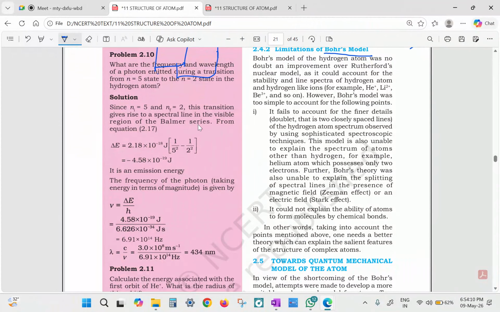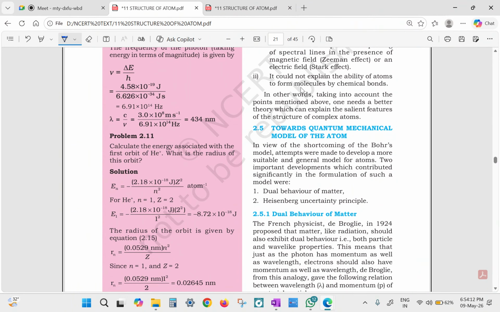Okay, second major drawback was that so far, whatever we studied now in 11th standard, in 10th we know how NaCl is formed, how CH4 is formed, right? Ionic bond, covalent bond.